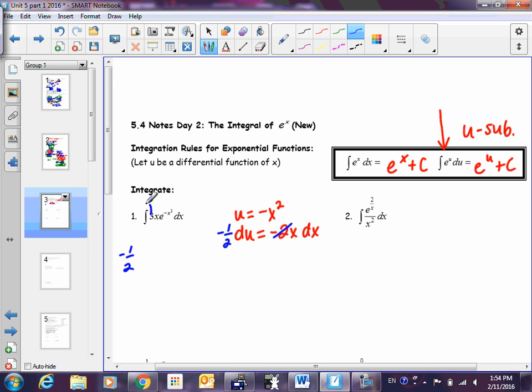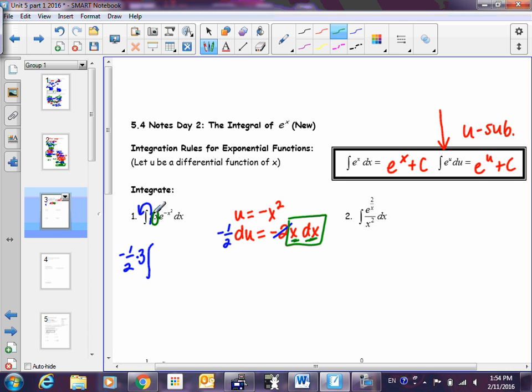See how there's also a 3? I'm going to move the 3 to the front as well, so I don't have to mess with the 3 anymore. Now watch this. Okay, I'm going to explain U-substitution again. And I think just having seen it and then hearing it again in a new situation is going to help some of you. This x and this dx should be in the problem.